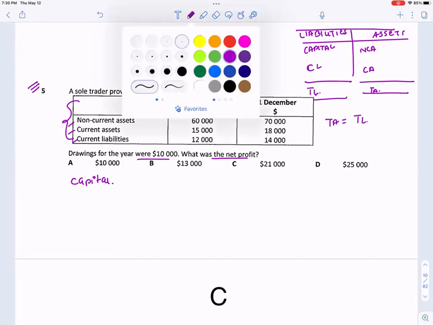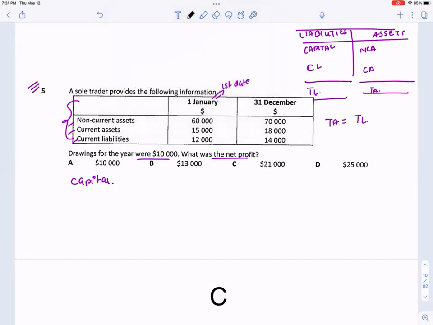Now I want capital because they want me to find out net profit. They've given me drawings, so they should give me capital. After I get capital, I will make the second format, the capital account. Jahan, can you give me the capital account format?